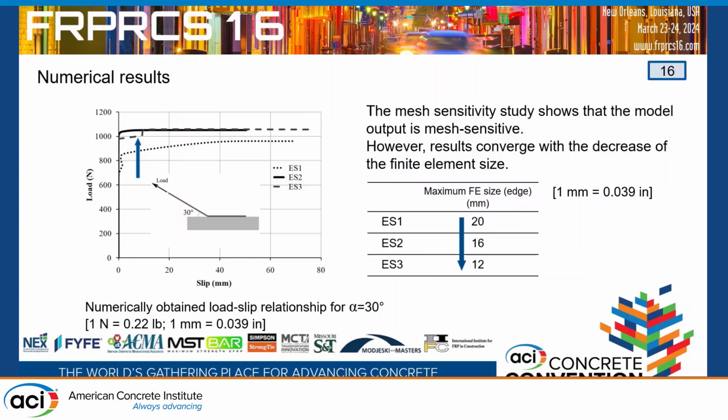You can see that the results converge. Furthermore, some strange behavior before the elastic limit, some regain in rigidity, is avoided with a denser mesh.